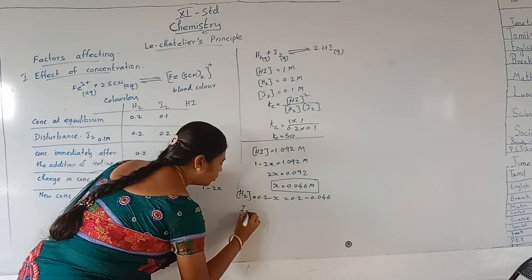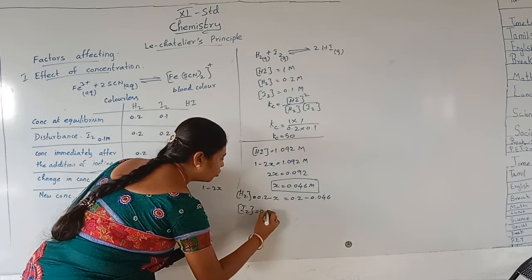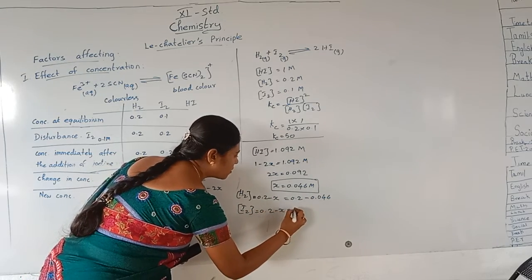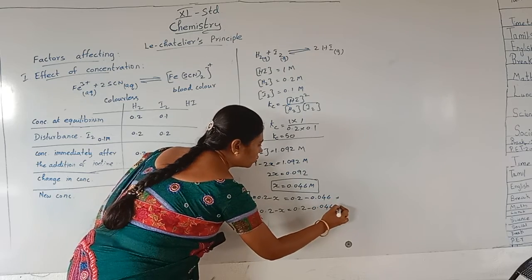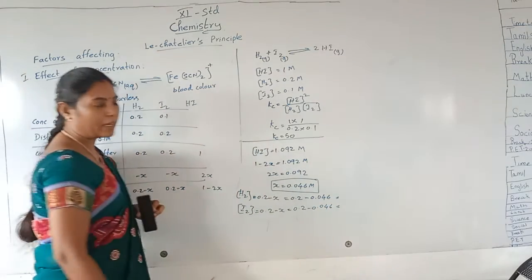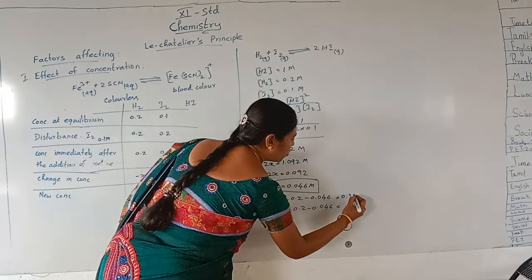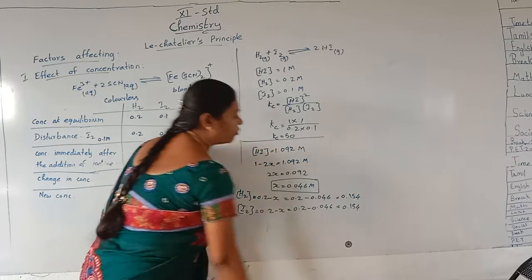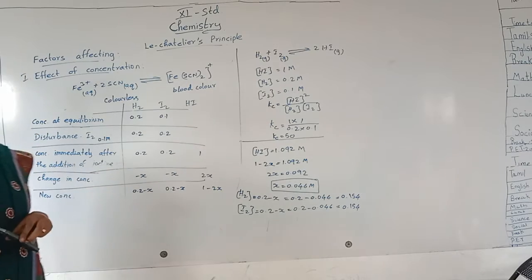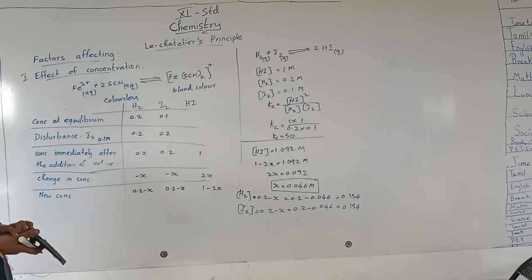The next, I2: 0.2 minus x is 0.2 minus 0.046, so the value is the same. So what is the value? 0.154. So this is the effect of concentration.